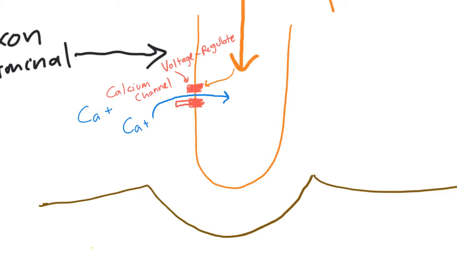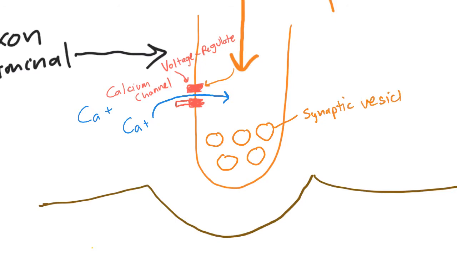Well, sitting inside of this axon terminal, we have synaptic vesicles. And they are filled with acetylcholine.